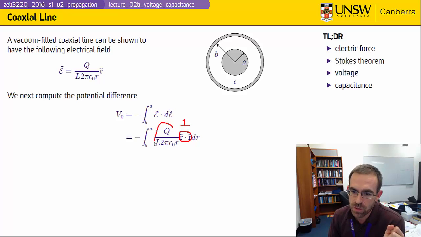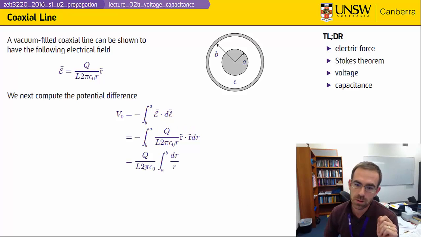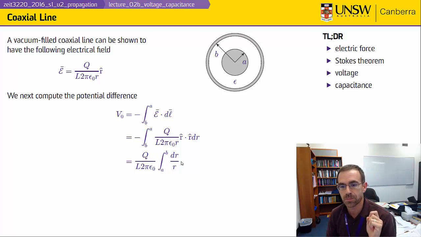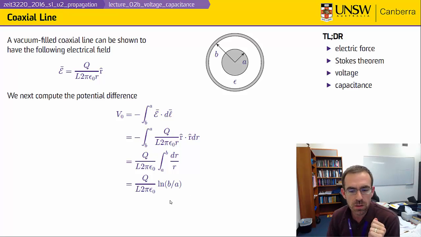I can factor out this Q over L 2 pi epsilon naught, and I'm left with the integral from A to B of dr over r, where I have now gotten rid of this minus sign by flipping my limits of integration. Instead of integrating from B to A, I'm now integrating from A to B. That allows me to change the limits, change the sign, which of course gives me the natural log.